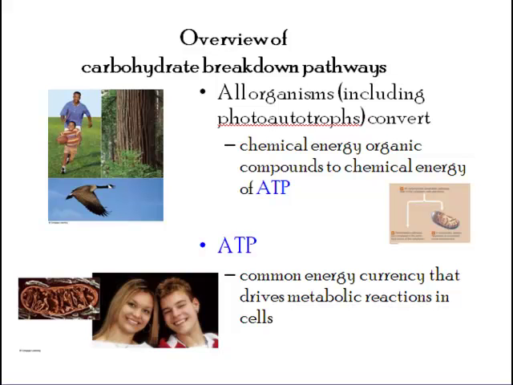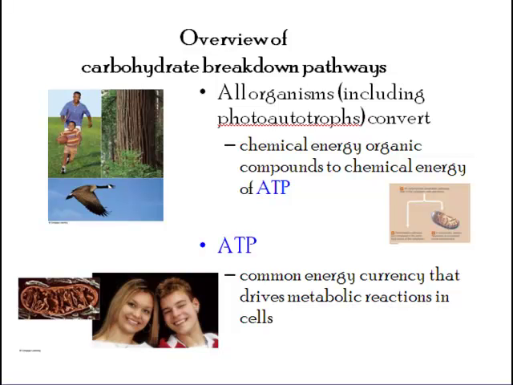Glucose then releases a tremendous amount of energy through a series of reactions, and this energy that is released is eventually trapped in the form of ATP, which is then used for the various reactions that any organism's cells undergo.